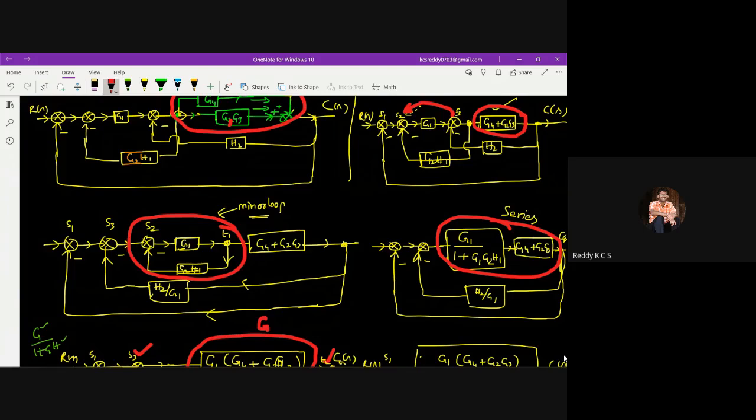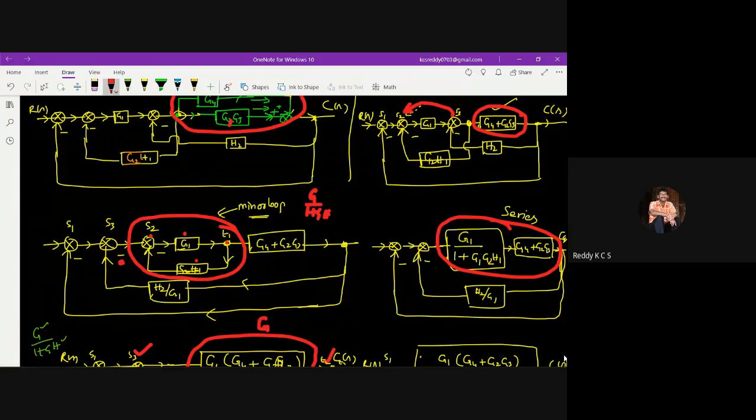Next, this constitutes a minor loop, because there is one summing point, one takeoff point, one block in the forward path and one block in the feedback path. So I used the minor loop equation G by 1 plus GH, because it is a negative feedback.